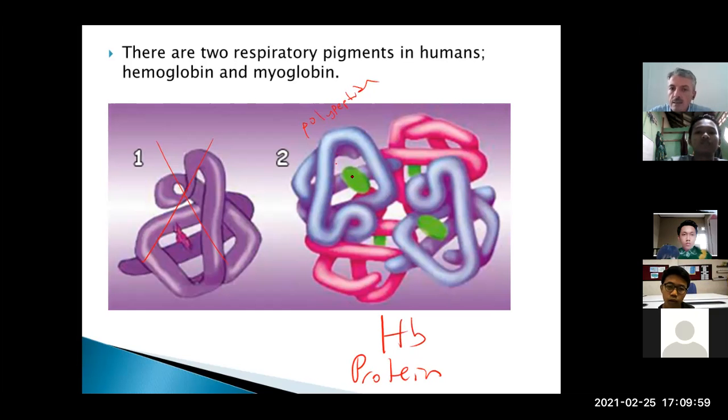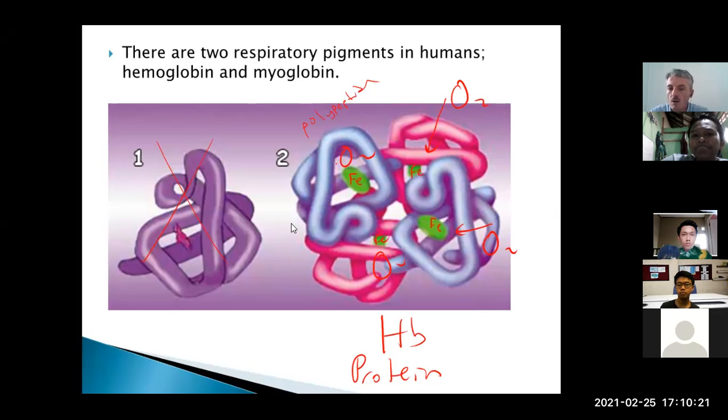At the center of each polypeptide, there is one iron atom, and each iron atom can bind to one O2. So hemoglobin can carry 8 oxygen atoms or 4 oxygen molecules, 4 O2.